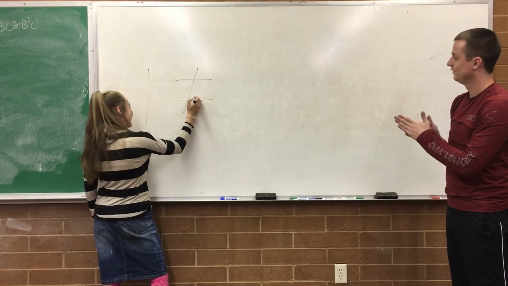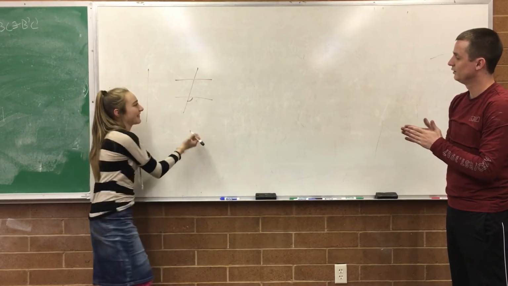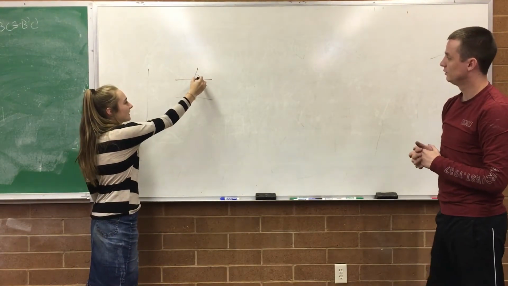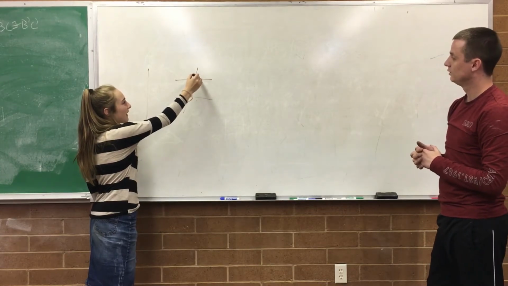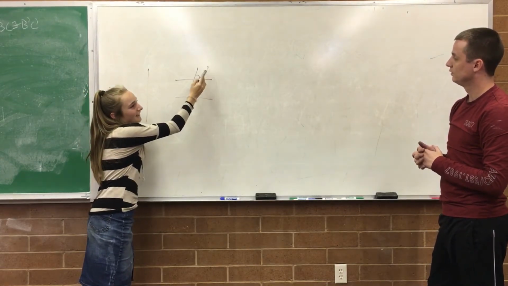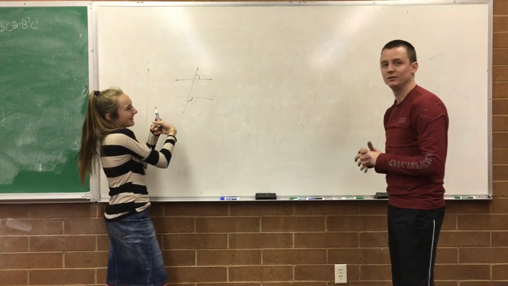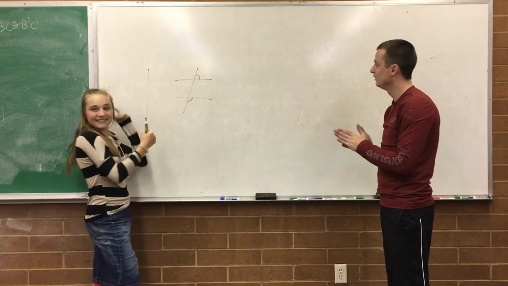I'll just do the angle then. Okay, so if you take that angle, then you take the opposite of that angle, which is this one, and then the opposite of that one. How do you say it? Adjacent angles.